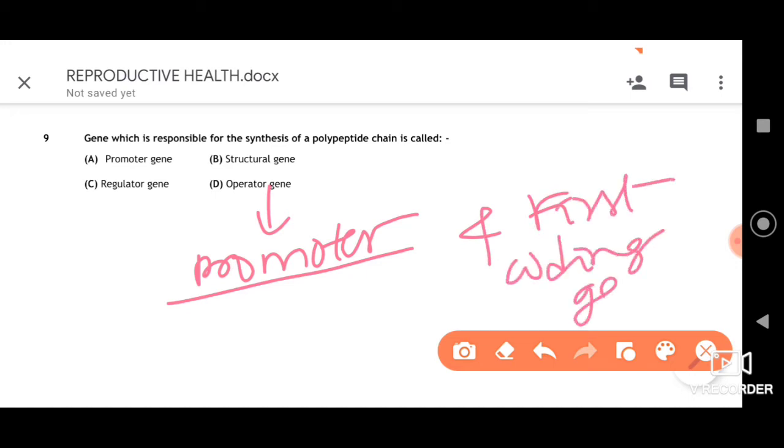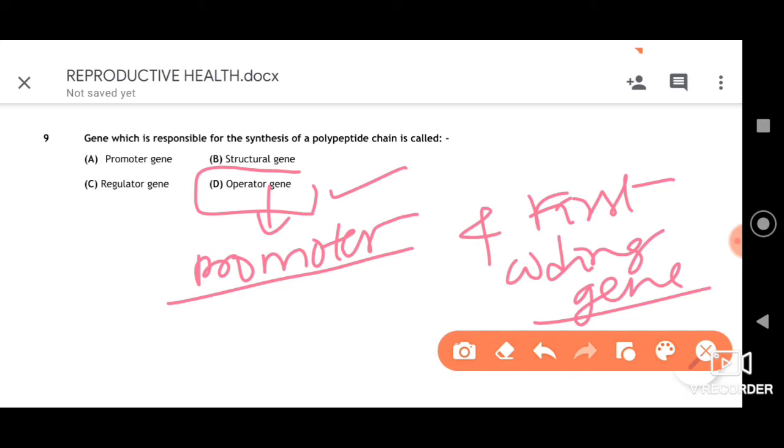So remember that. Further, the operator region serves as the repressor protein binding site. The repressor protein binds to this operator, and the repressor protein is also an important integral part during gene expression. So it is a site where the repressor protein generally binds.